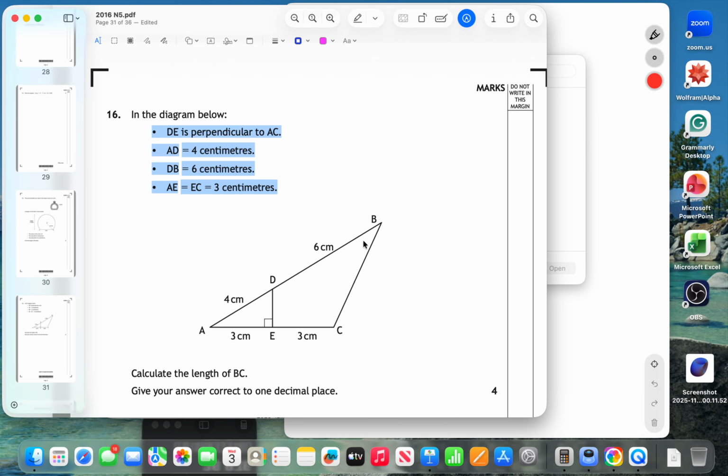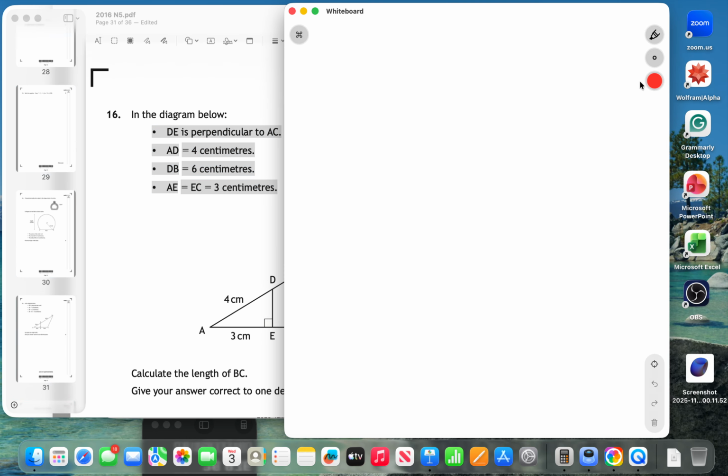So we notice we have a big triangle ABC, but we also have one which is right angled, that's ADE. Now for the moment we're going to just focus on ABC and forget about ADE for a minute.